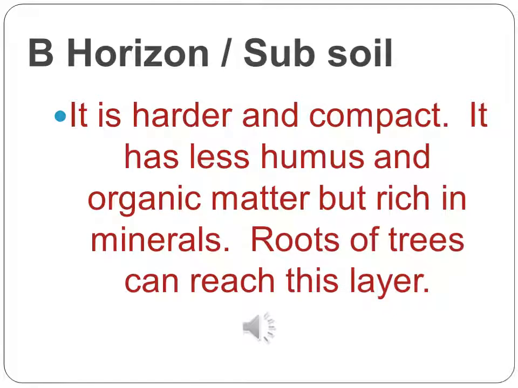B horizon, also called subsoil, is present just below the topsoil and above the parent rock. It is comparatively harder and compact than topsoil. This is a horizon where clay and other material present in A horizon wash down and accumulate.